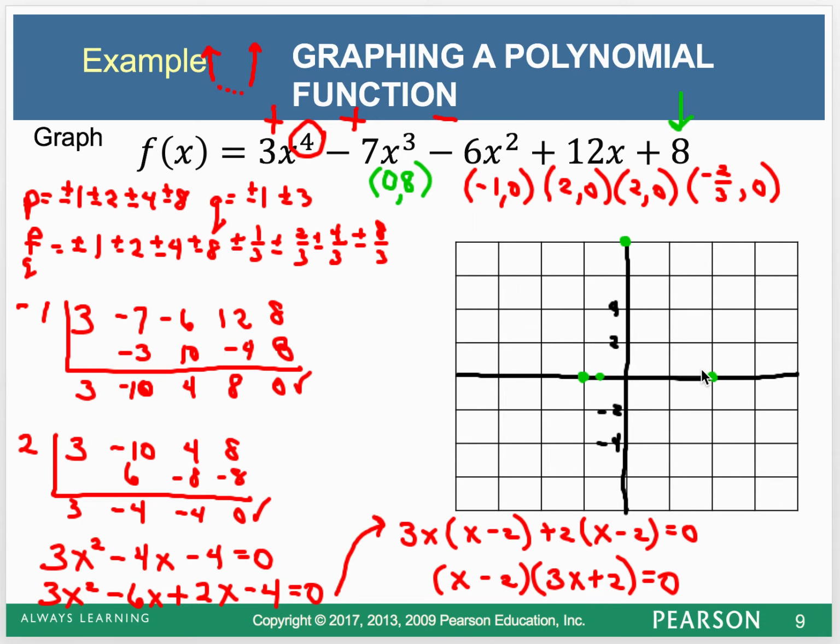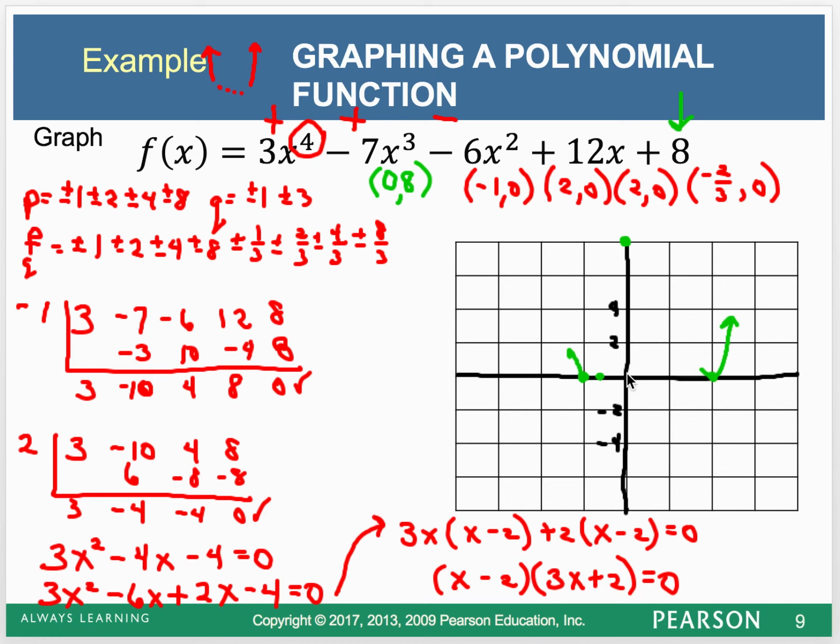So I know it's going to look like this because that end point needs to go up. And I know this end point is also going up because of my shape here, right? All right, so let's see if it'll fit in. That means it's going to go down here and it can come back up and it can cross here and it can go in. Perfect, perfect.